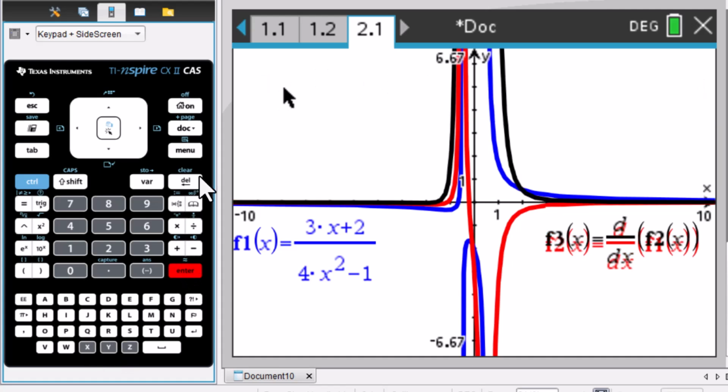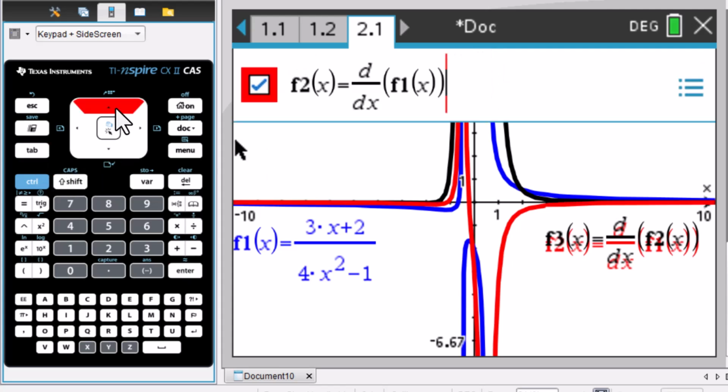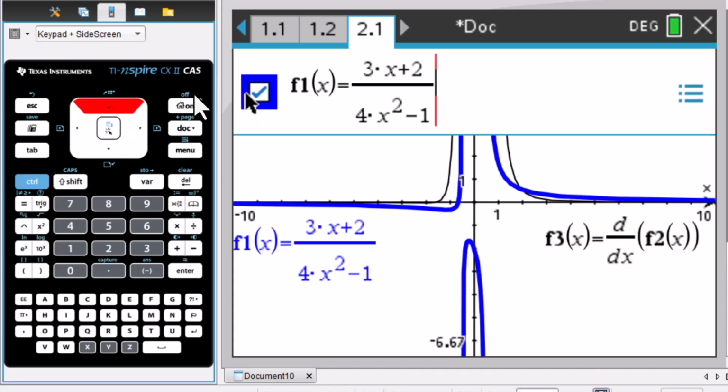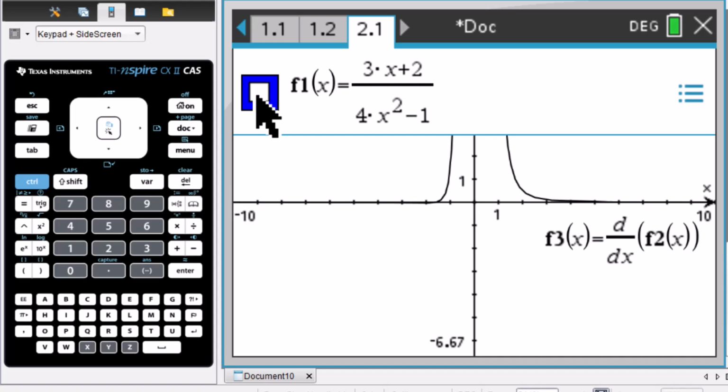Enter. Since we are looking for the point of inflection, go to tab, unselect this f2 of x and f1 of x. We only need this second derivative function.